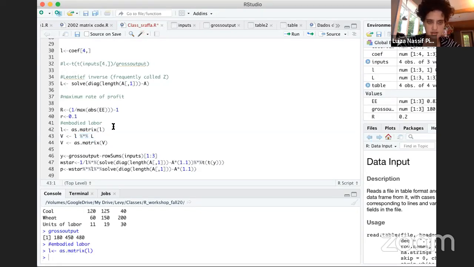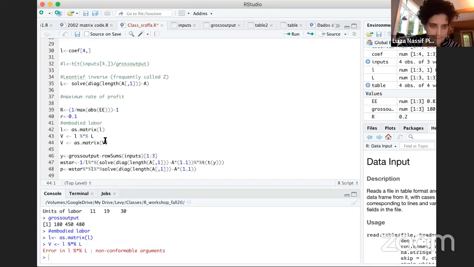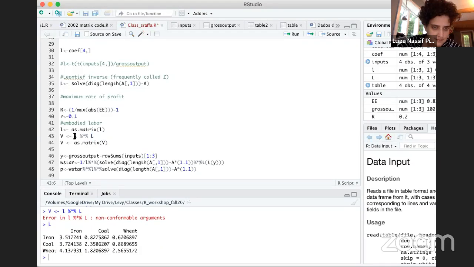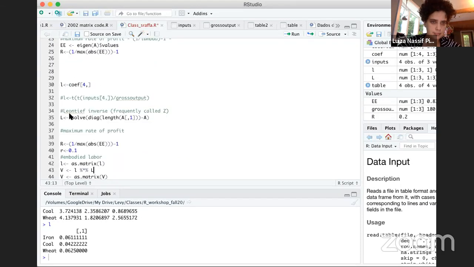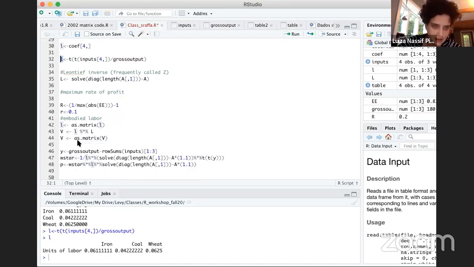So first I make a matrix out of this. I think I need to do it. So actually, if you are doing it like that, give me 1 second.